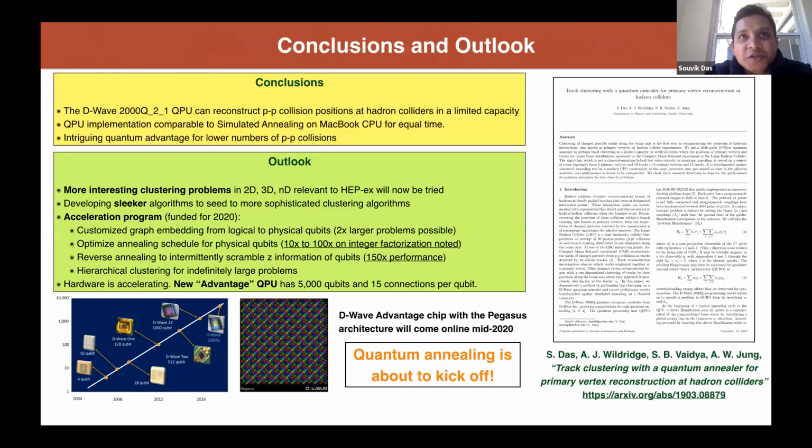Yes, in fact, the Fujitsu annealer is next on our list. I've been emailing them to get us access, but to get that, I have to go through AWS. Then there's also the Toshiba annealer. So the honest answer is we have not, but we have been funded for this summer to go ahead and try all these different annealers and see where it's best.